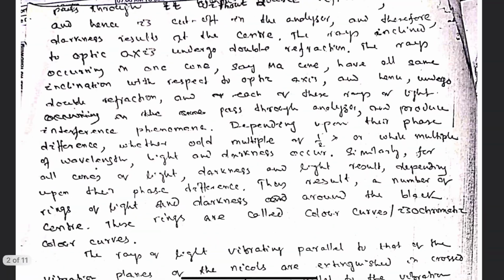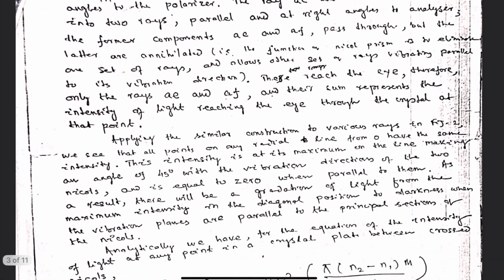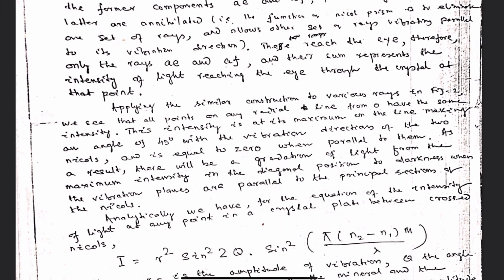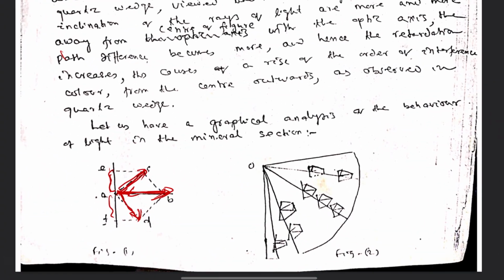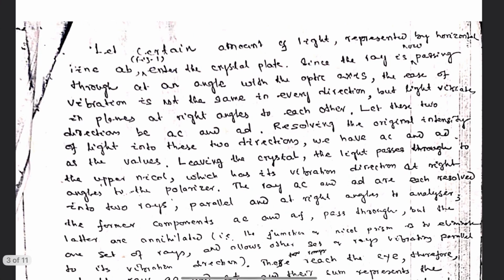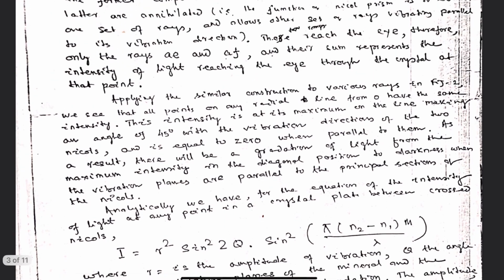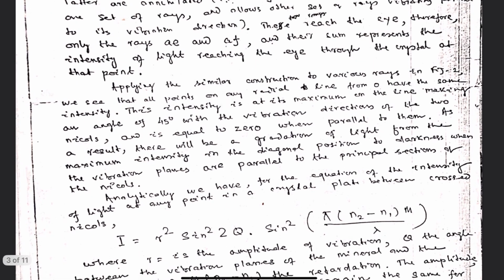Now let us see figure 2. In figure 2, let us see what has happened. Applying a similar construction to various rays in figure 2, we see that all points on any radial line from O have the same intensity.